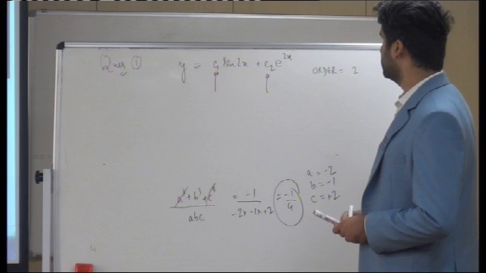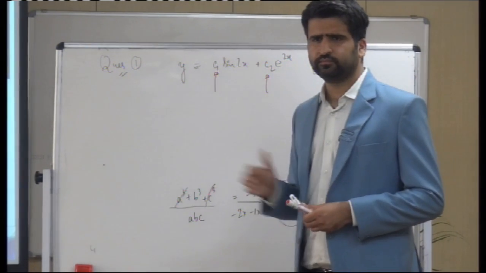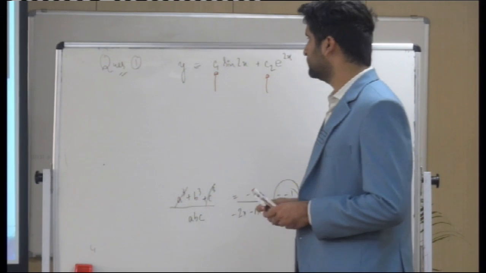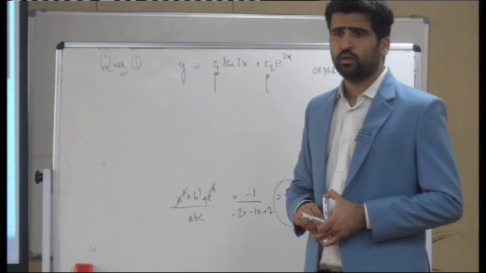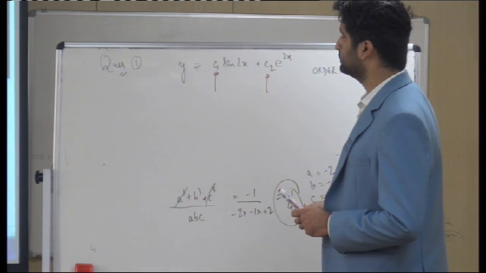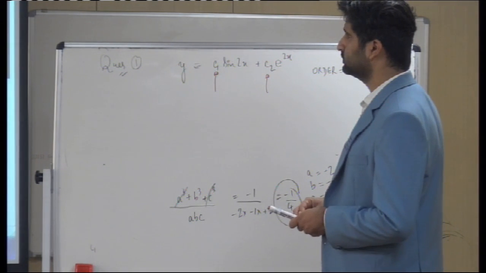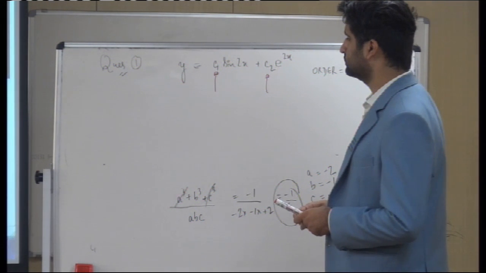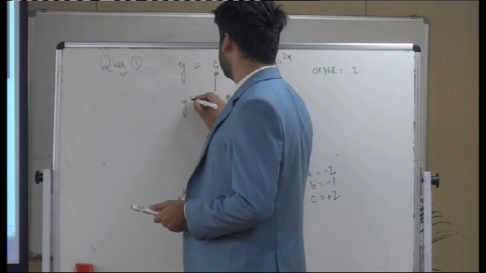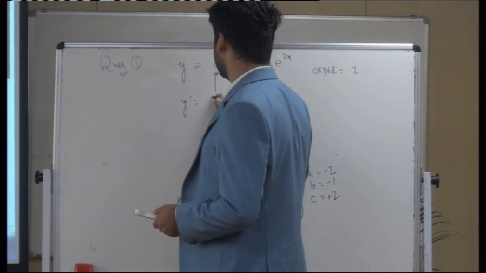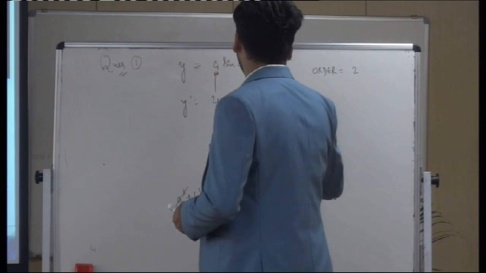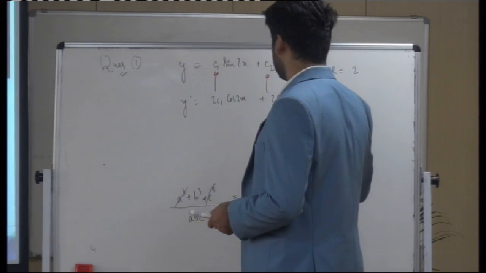Can you try to find out the degree? Just try. Any guesses? So we have y dash is equal to 2c1 cos 2x plus 2c2 e to the power 2x.